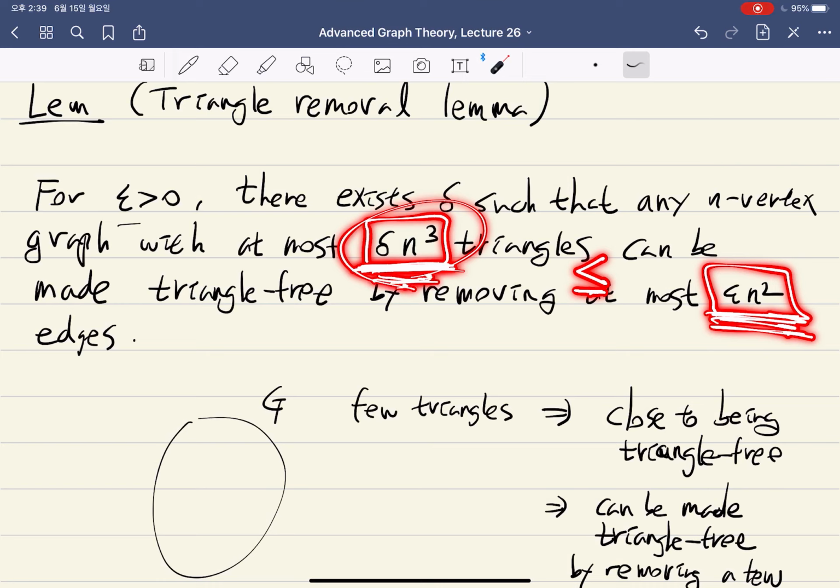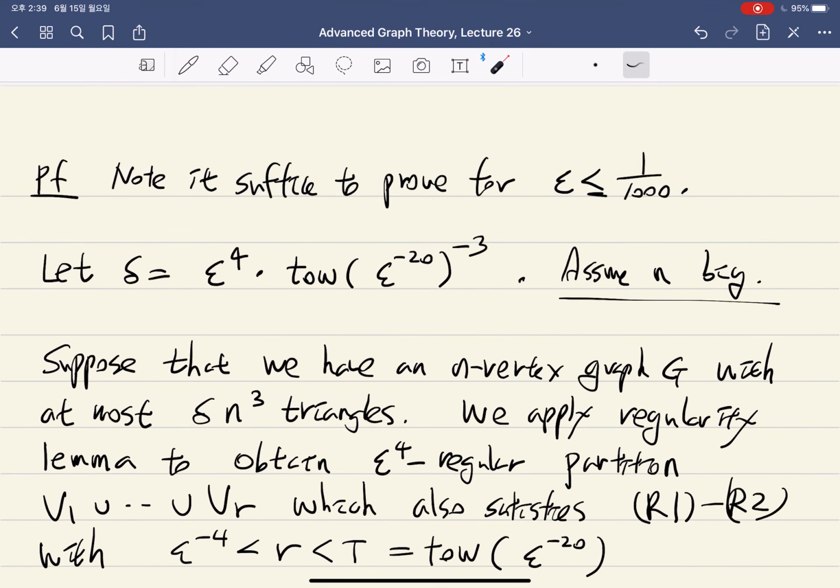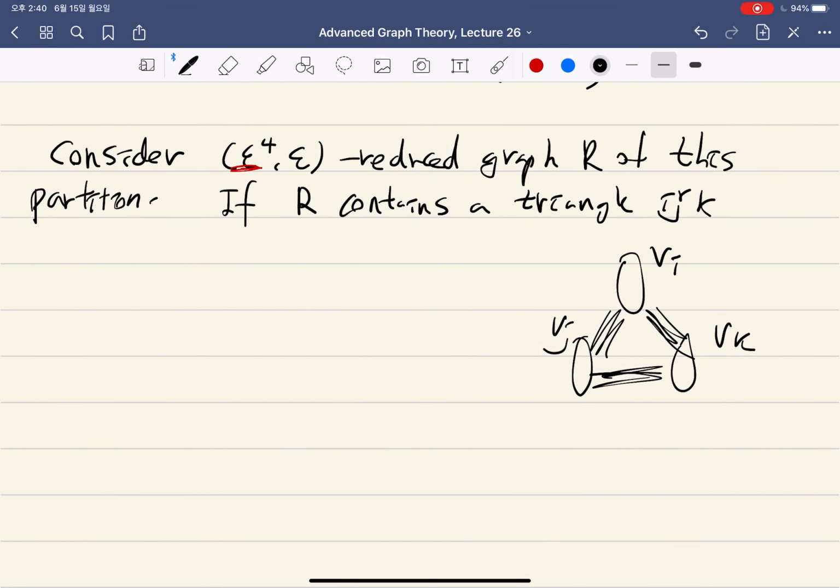So it's non-trivial only when n is big, so we can assume that n is at least as big as 1 over delta. More precisely epsilon over delta, but basically we can assume that n is big. Anyway, so where were we?